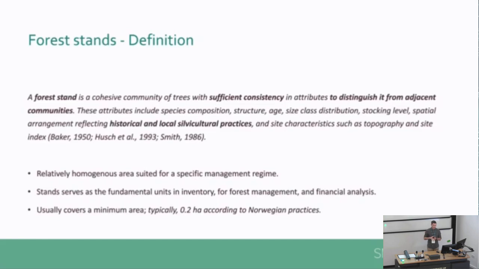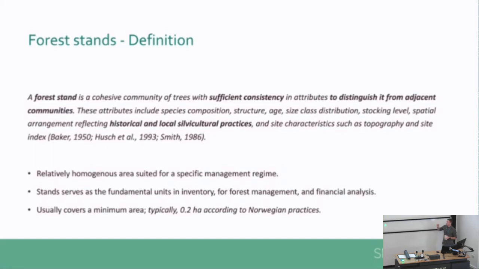You do this because the trees could have the same management, and you don't want to move a machine just to cut a single tree, so you need a larger area for it to make sense economically. This has a long-standing history in Norway, and these stands are also used as input data for growth and yield models, so we have a system based around this.